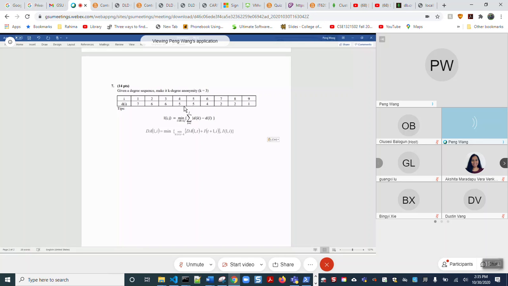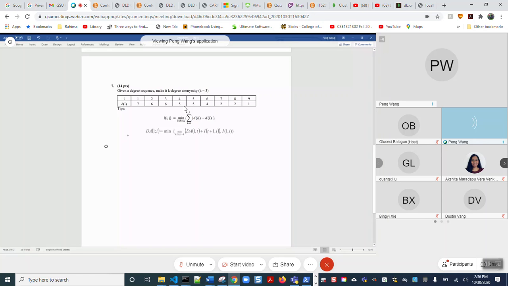Here we are using the dynamic programming algorithm. And here we are giving these two formulas to calculate I1i and DA1i.